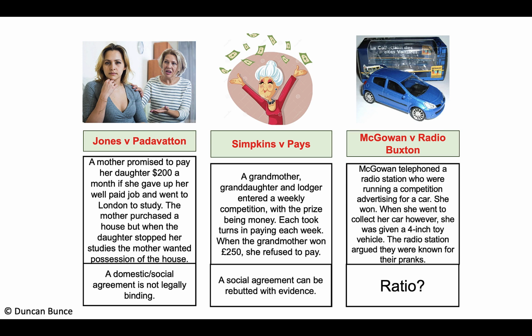They like to do this, and that's what happened, and it caused much distress. Was she entitled to the car, or indeed to damages to get that car, or was the radio station entitled to do what they did?